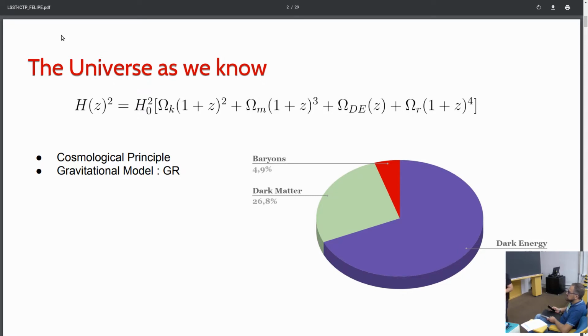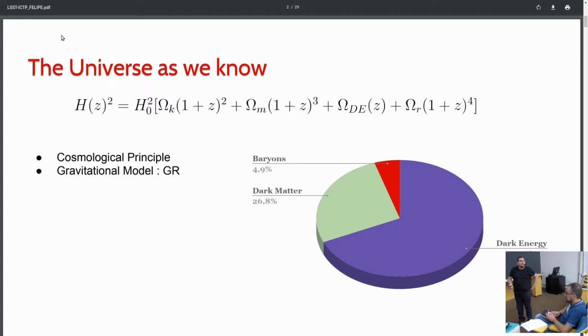So I will start with a cliché, but this is our main motivation to work in these great surveys. The universe, as we know, is based on some hypotheses and some observations. First, we assume that the cosmological principle is valid.